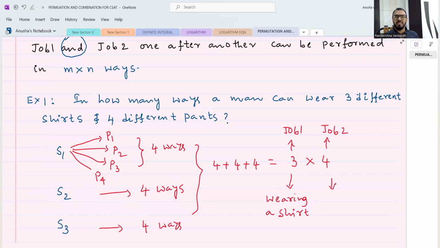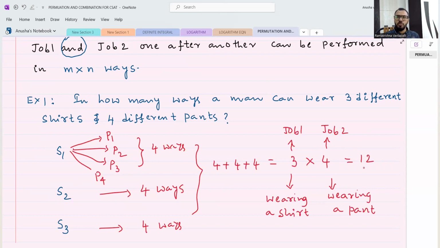Job 2 is wearing a pant. Now these 2 jobs together can be done in 3 into 4. The first job can be done in 3 ways, the second job can be done in 4 ways. Both the jobs together can be done in 3 into 4, that's equal to 12 ways.